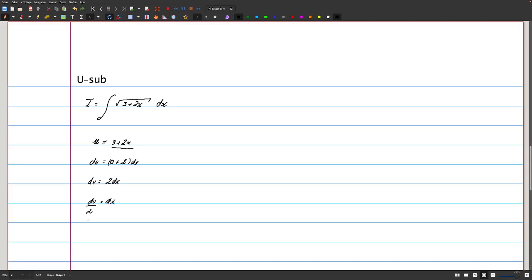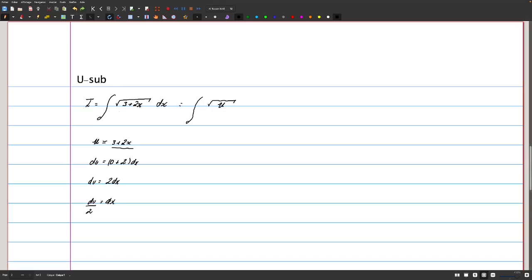The benefit to doing this is that we're replacing u as our argument here, and we can see that the dx that we have in our formula originally, right here, gets replaced with the du over 2, right? So if we were to continue our integral up here, we can say that the integral of 3 plus 2x under a root will be equal to the root of u, because u is equal to this, right?